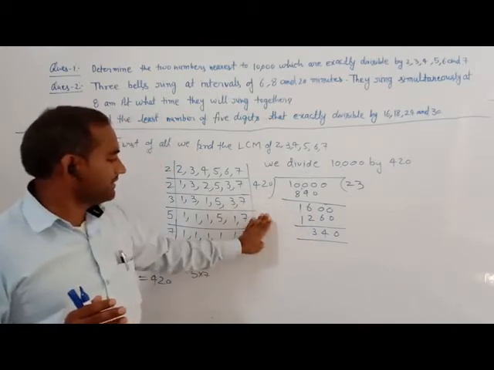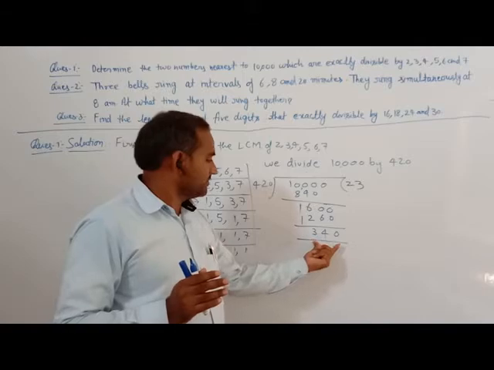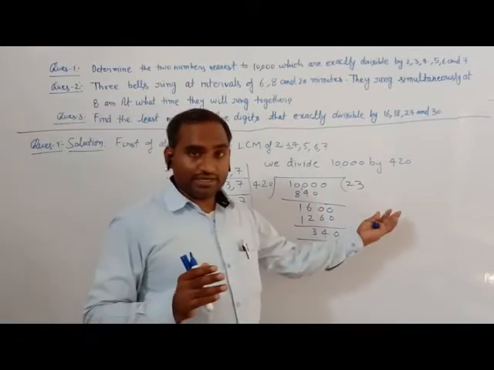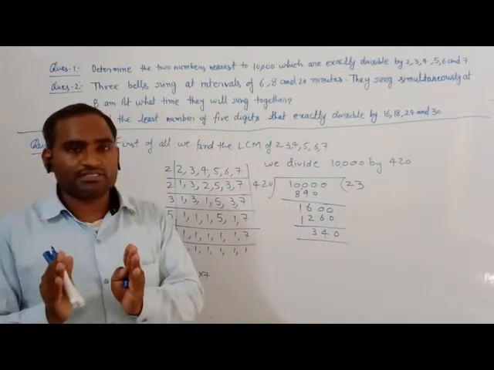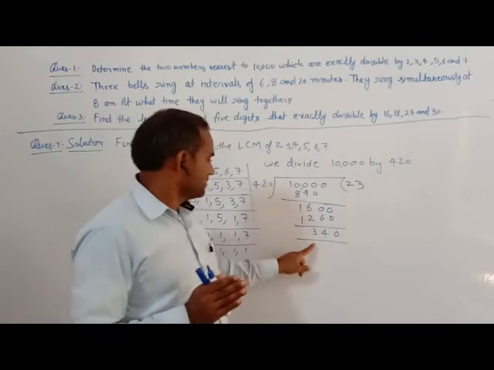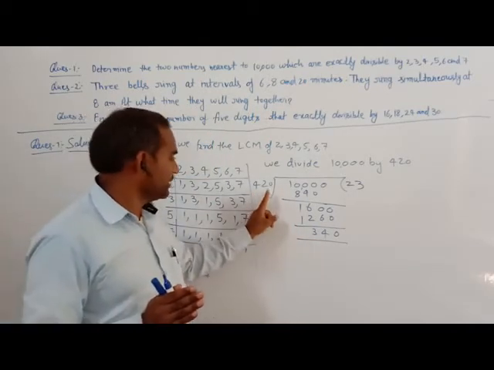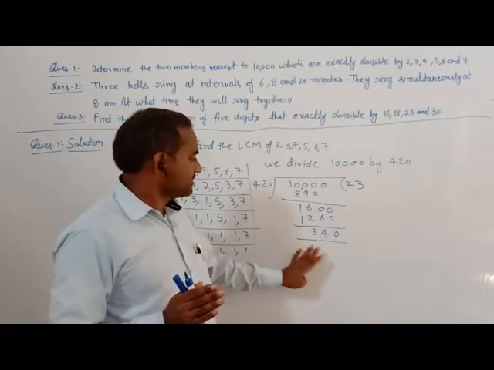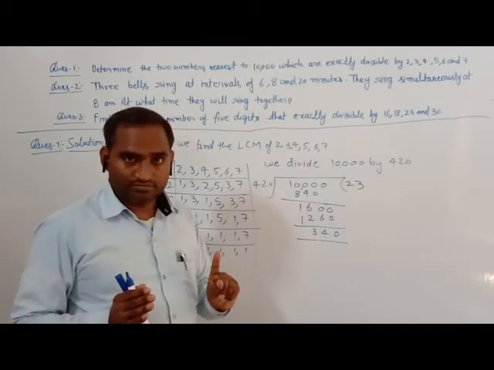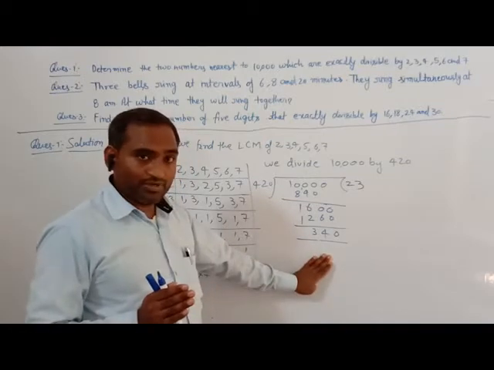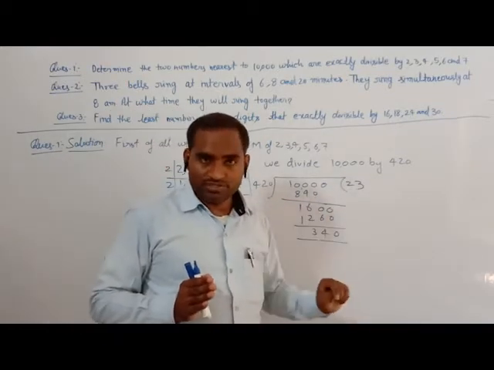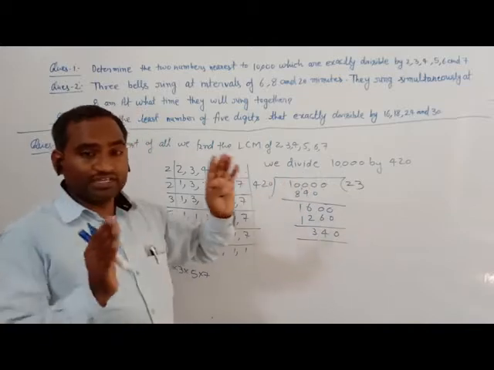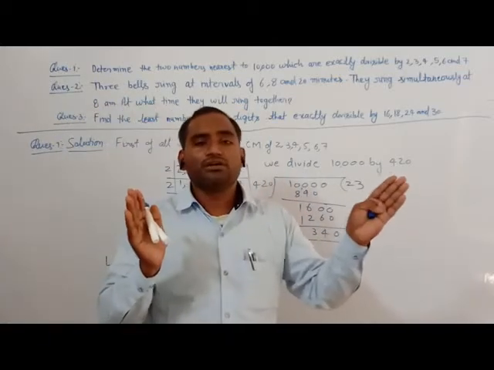If we add some number to 340 so that it becomes equal to 420, then we get another multiple. So by subtracting 340 from 10,000 we get one number, and by adding we get another number, and both will be nearest to 10,000.